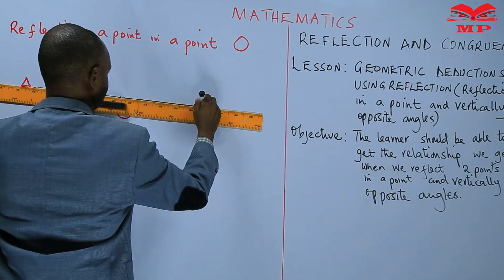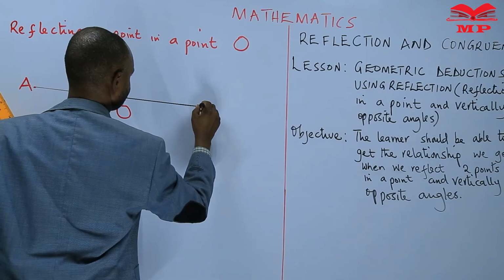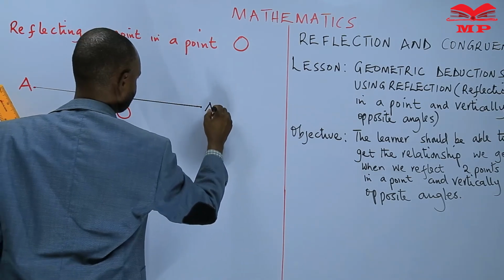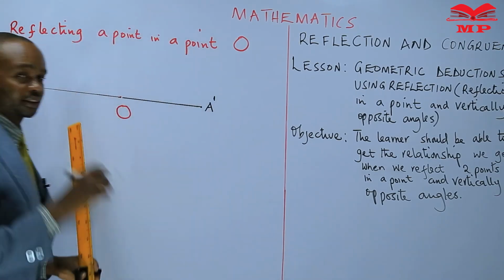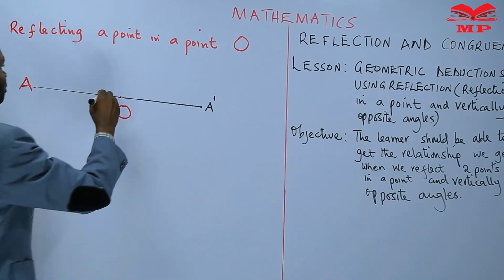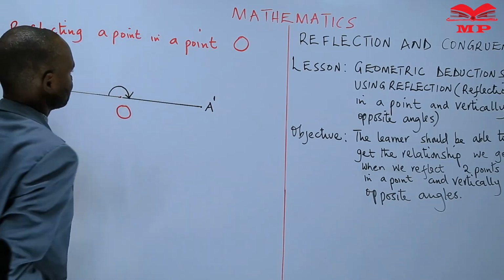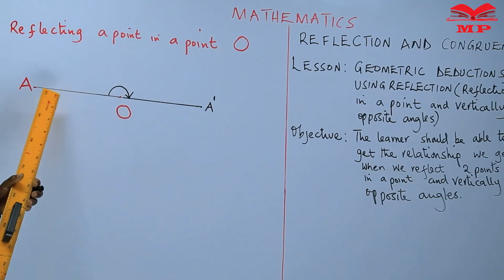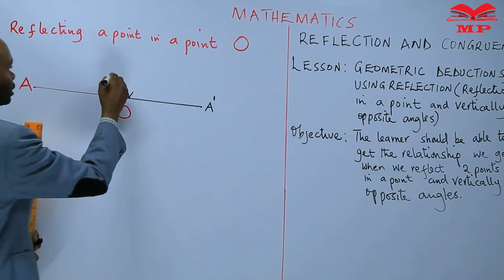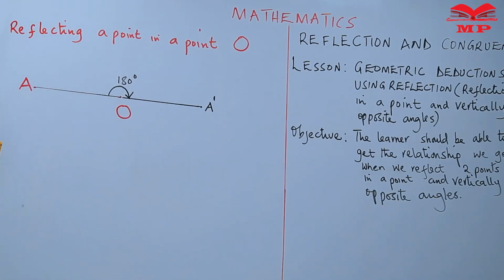So if I have A prime, there is a relationship we get. It's the same as rotating this point through 180 degrees, or we call it a half turn.